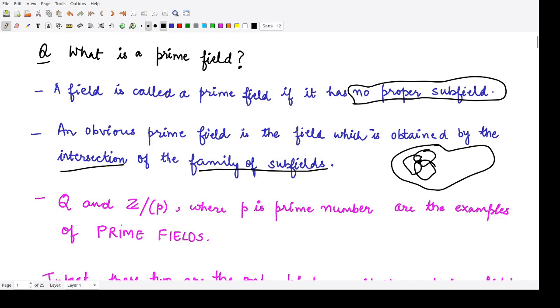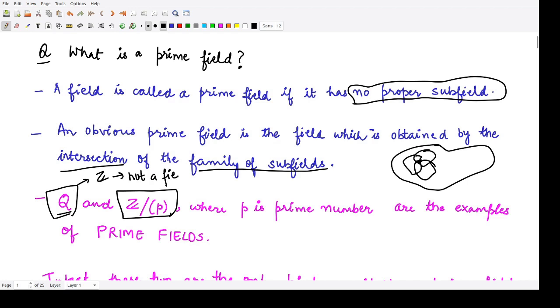For example, we have the field of rational numbers and the field Z modulo P, where P is a prime number. So these two are prime fields. Why? Because they are the smallest fields which do not have any proper subfield, because we know the proper subset of this set Q is the set of integers, and that is not a field.